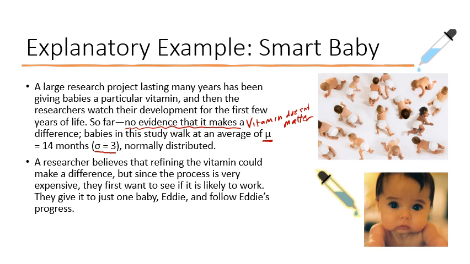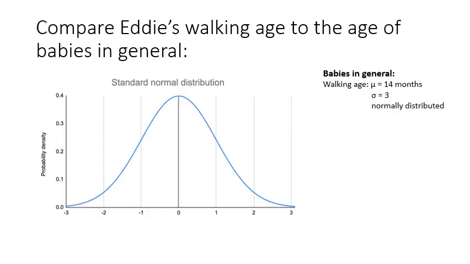So this baby got this refined vitamin. So what the researchers actually want to do once Eddie learns to walk is to compare Eddie's walking age. Let's make Eddie in this reddish color. Compare Eddie's walking age to the age of babies in general, which they learned from their first study.